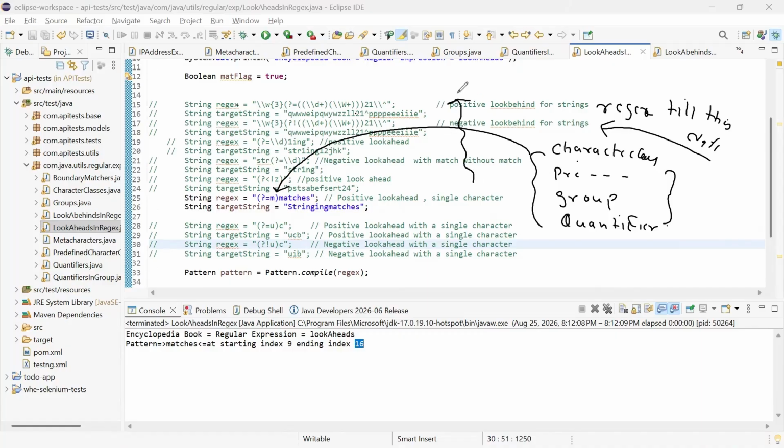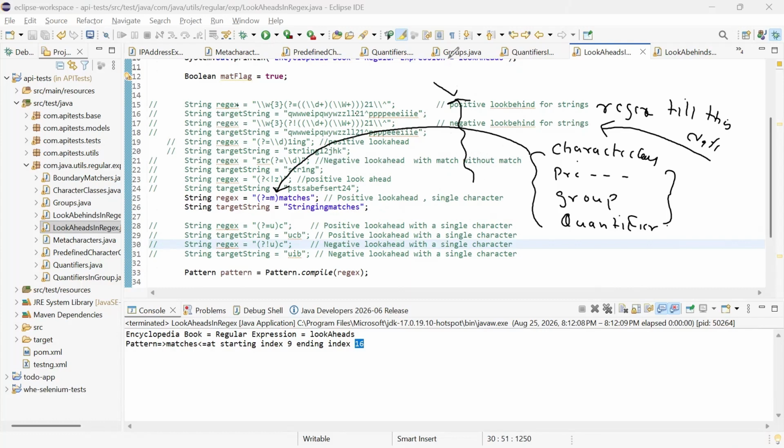This is the beauty of lookaheads. Every single thing you can place inside this positive lookahead will be evaluated, and the further string will then be matched.